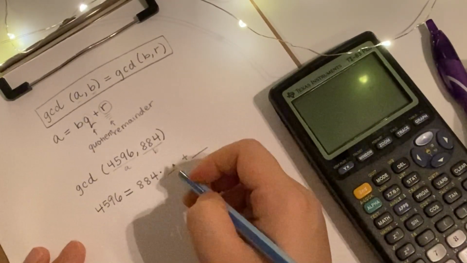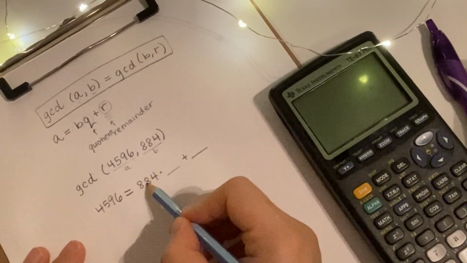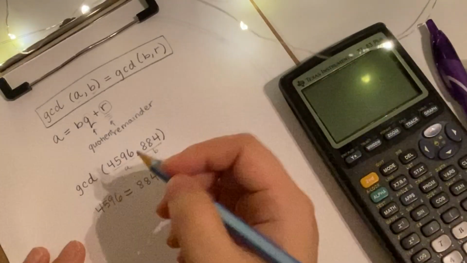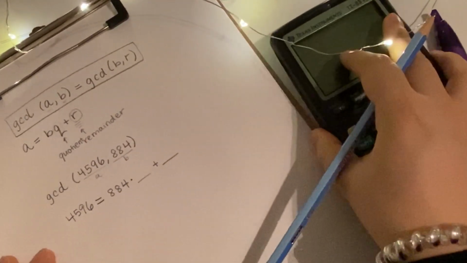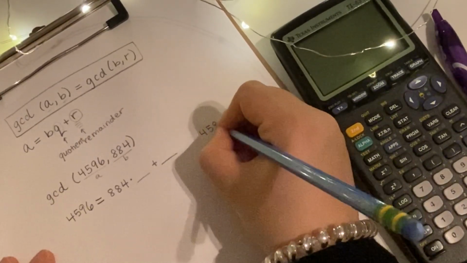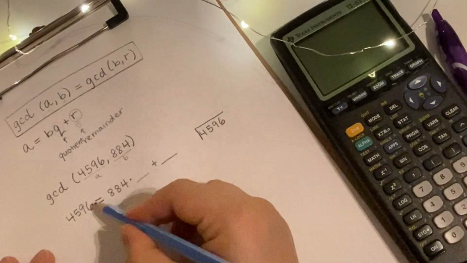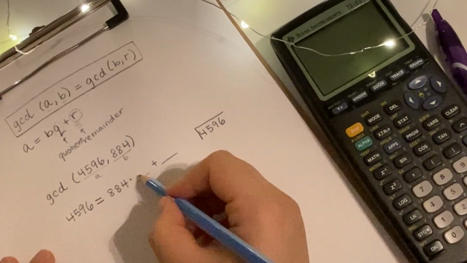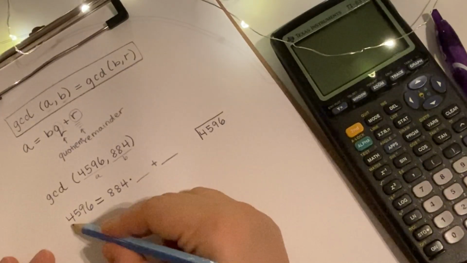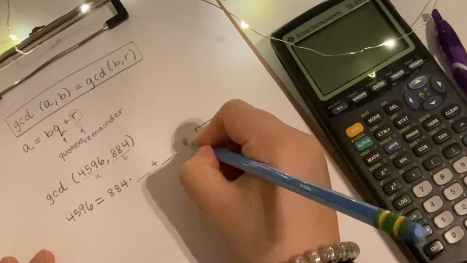And what we mean by quotient is when you divide this by this. You can do this by long division if you want to, or you can kind of estimate. You just want to find the biggest number where this times that does not exceed 4596, like you would if you were to try to divide.